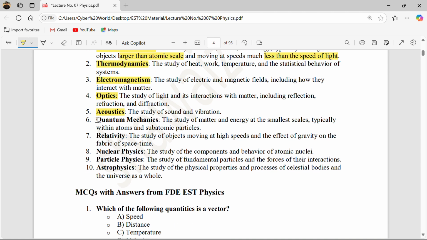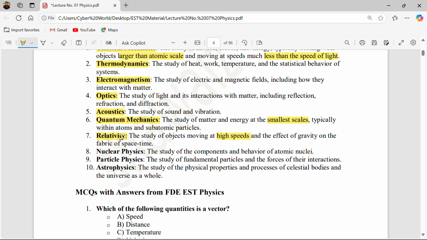Quantum mechanics is for the subatomic, fundamental scale. If you want to study matter and energy interaction at a smaller scale, you have to study quantum physics or quantum mechanics. What is relativity? The study of objects moving at high speed, approximately equal to the speed of light.